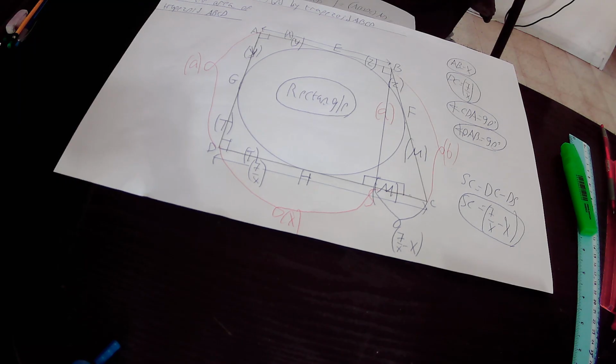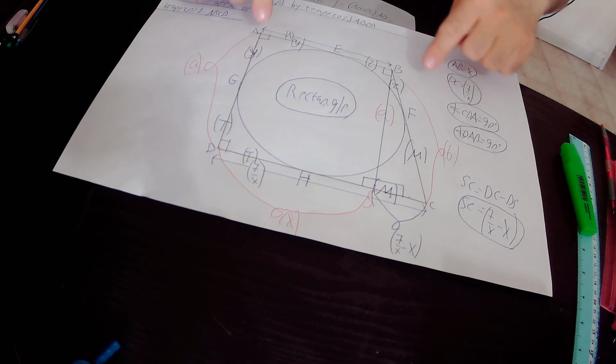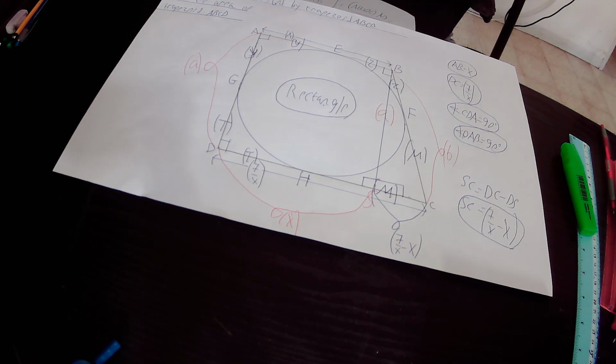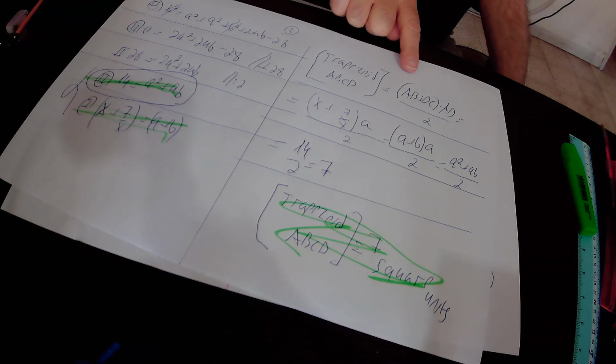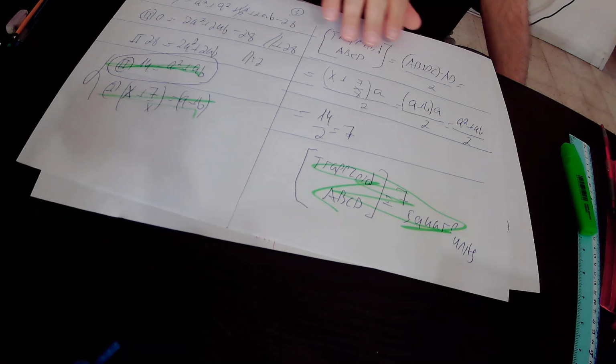So in conclusion, DC is parallel to AB. And therefore the two bases of trapezoid ABCD are DC and AB, and the sum of the two bases is AB plus DC, times the height.